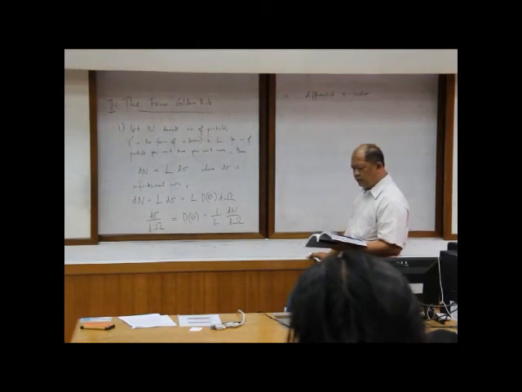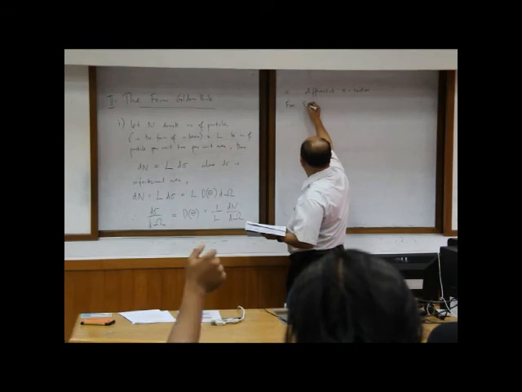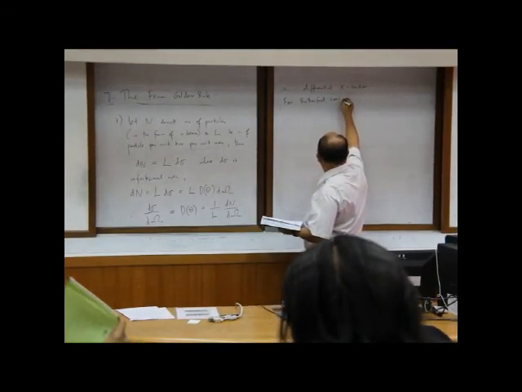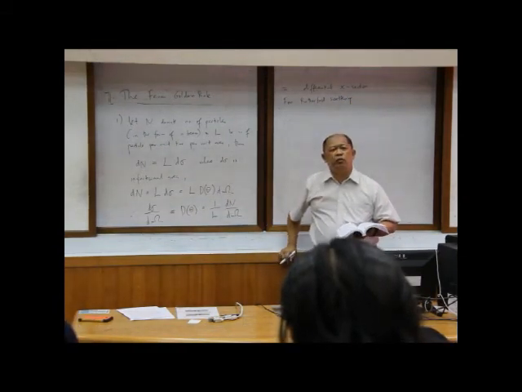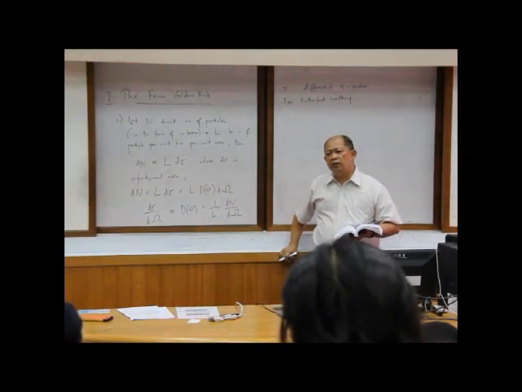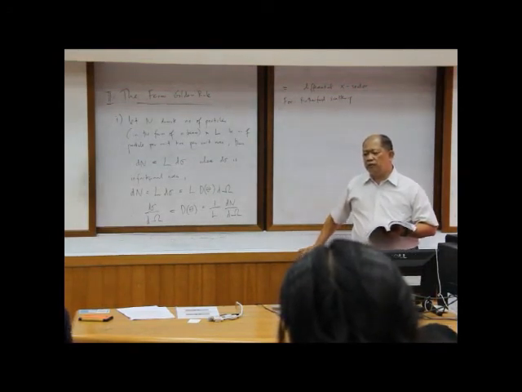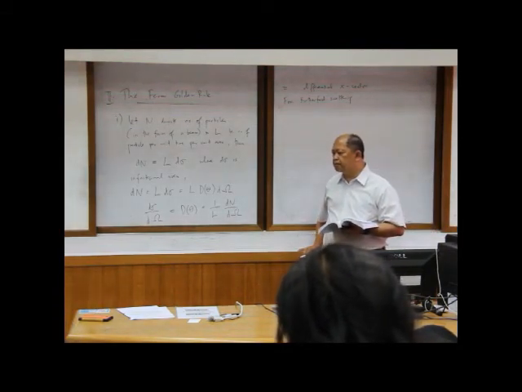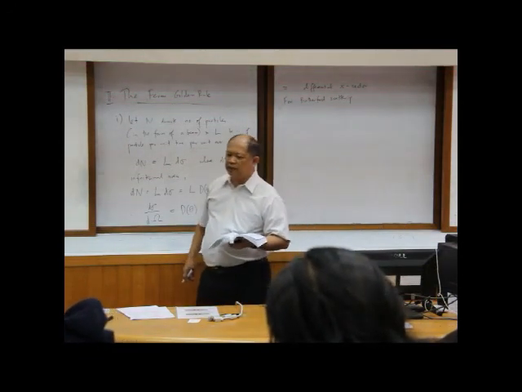And that differential cross section, for example, for Rutherford scattering, which actually is a Coulomb scattering. It is, for example, alpha particle scattering from nucleus. And why do the alpha particles scatter from the nucleus?